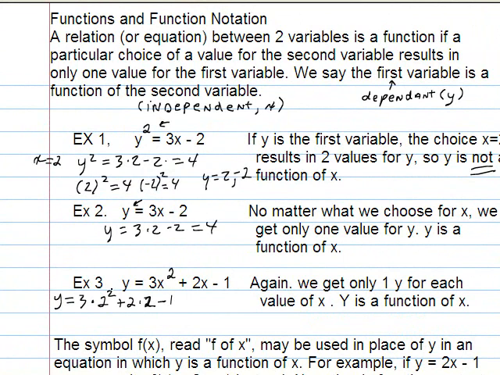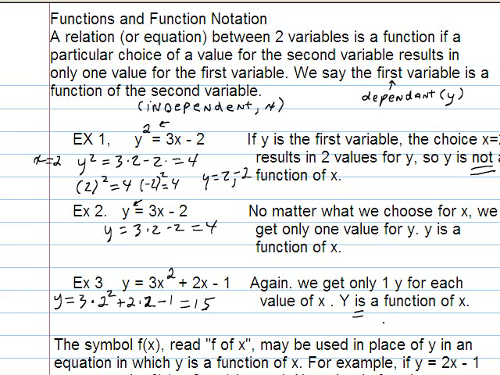So 3 times 2 squared is 4. 3 times that is 12. Plus 2 times 2. 12 plus 4 is 16. Minus 1 is 15. So when I picked a value of x, I got exactly one value for y. We would say y is a function of x.